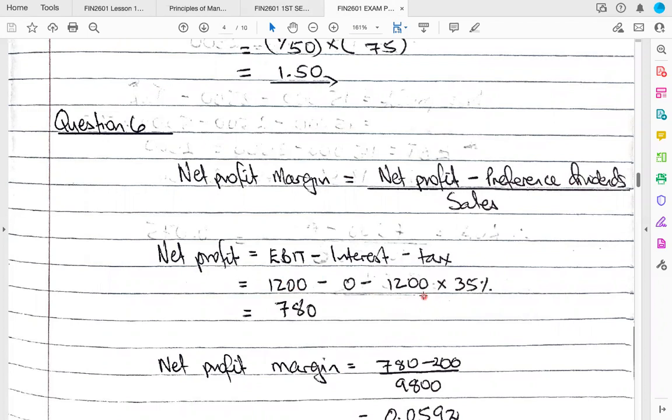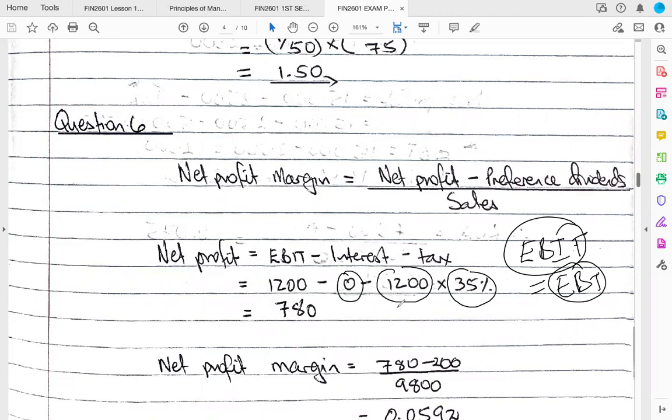The tax is simply the earnings before tax multiplied by the tax rate. The reason we multiplied the EBIT by the tax rate here is because our EBIT is equal to our earnings before tax. EBIT is equal to EBT in this case, because we don't have an interest expense.